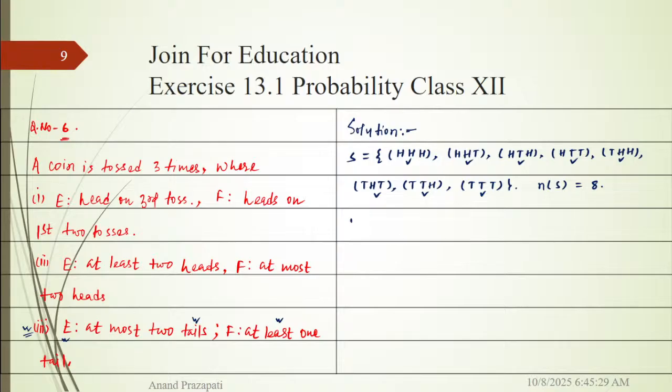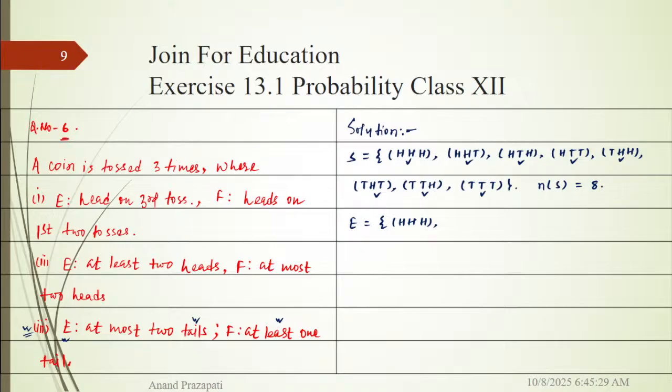So E is the event saying that at most 2 tails. So at most 2 tails means we write down here 0 tails to 2 tails. 0 tails, so here HHH, 1 tail, and 2 tails.